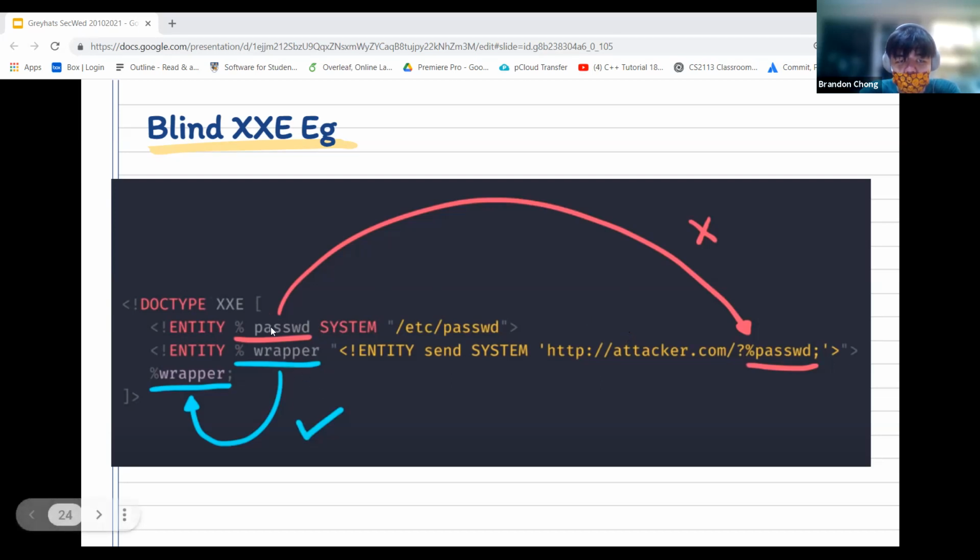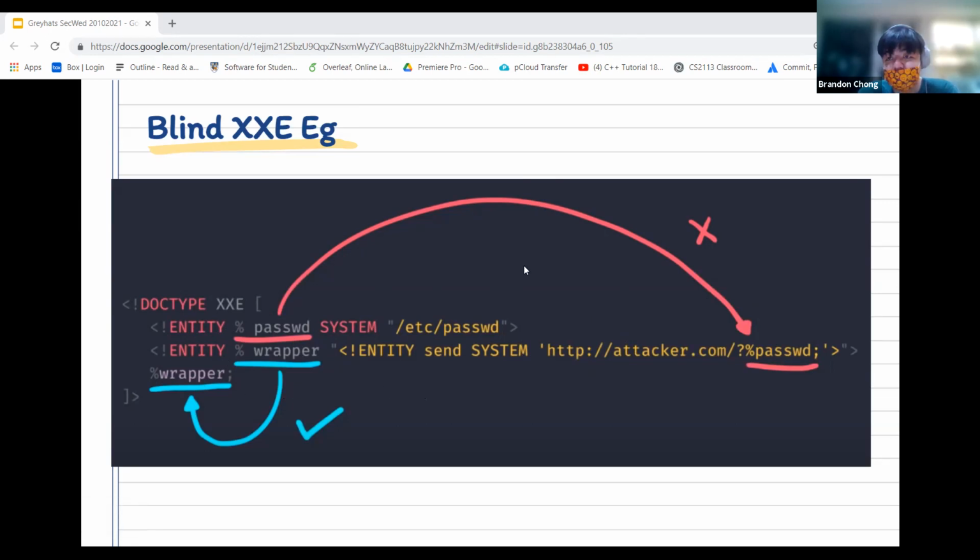So you can see for passwd here, you are not allowed to reference it here because it is a lower level entity that is defined by wrapper. But for wrapper itself, you are able to reference it here because it's at the same level. So there's no problem with that.